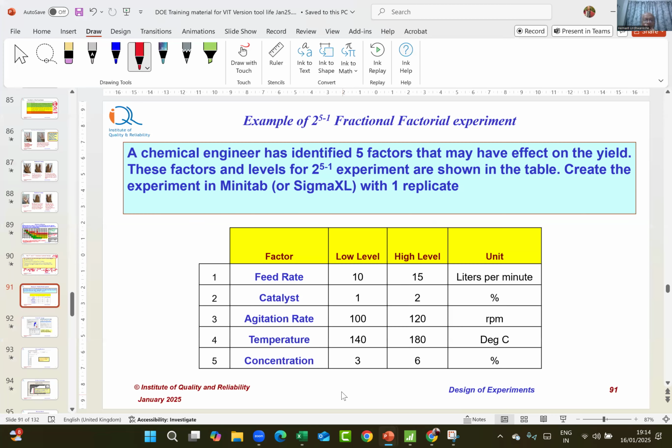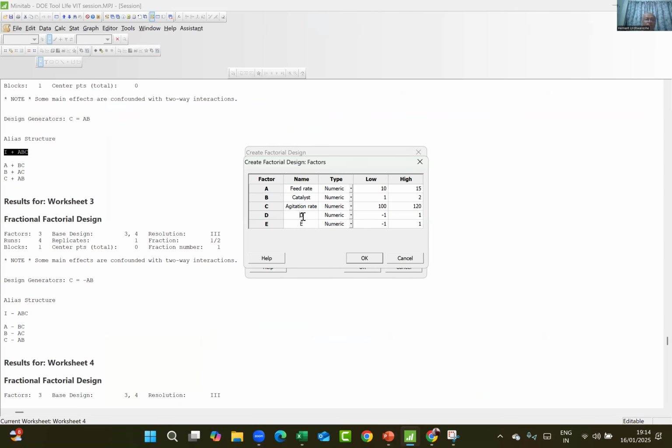The fourth factor is temperature, numeric factor, 140 low and 180 high.